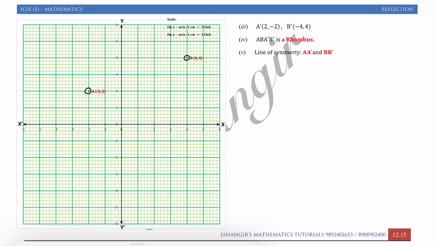So let us draw it. Minus 2 comma 2 will become 2 comma minus 2. Let's write it as A dash. A dash is minus 2 comma minus 2 and B dash will be minus 4 comma minus 4.